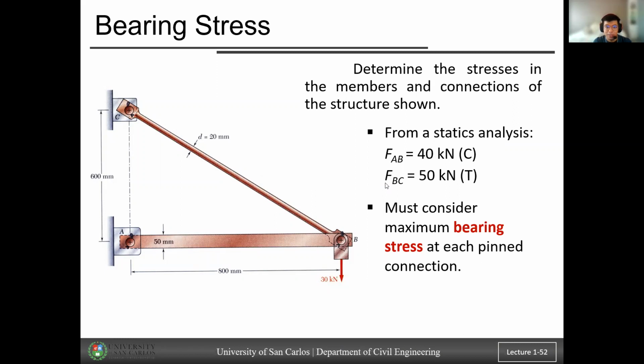So if we solve for the bearing stress, the bearing stress in this material would be experienced at A. For B, we probably don't know yet the behavior, but for A we're pretty sure it will experience bearing stress. But let's see as we go along the process of answering it.